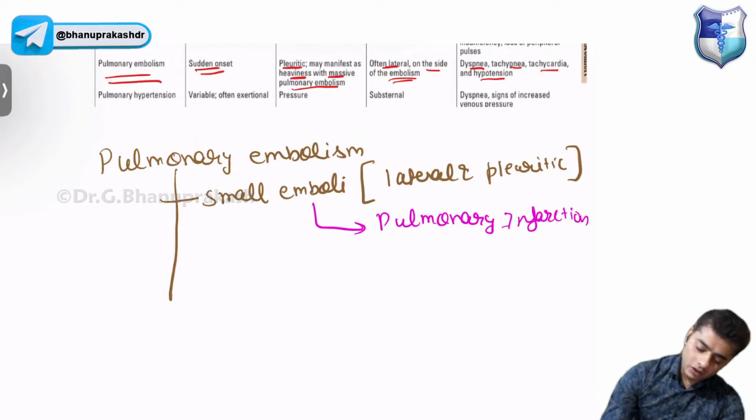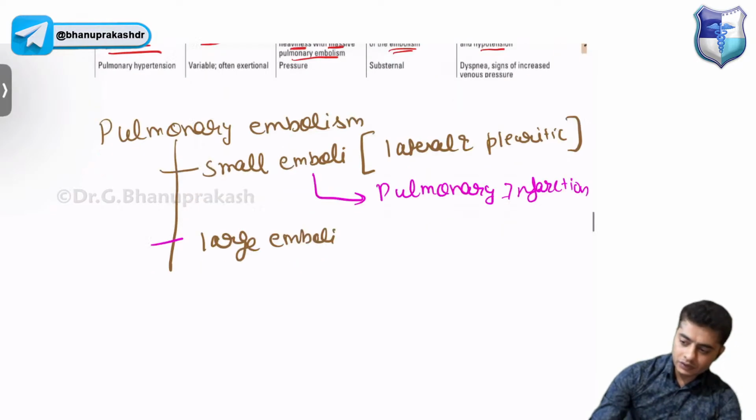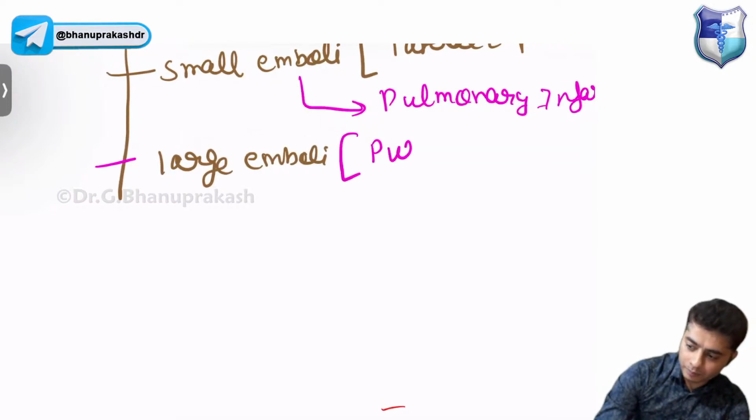Now, suppose it is a large emboli. A large emboli can dislodge into the pulmonary artery.